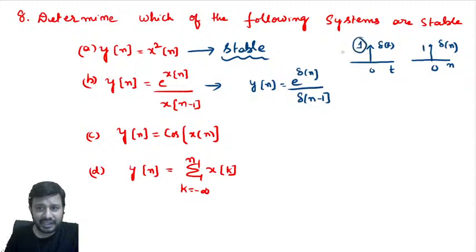Here one represents area, here one represents value. The value of the continuous time impulse at t is equal to 0 is infinite, area is 1. So what happens if I apply a bounded signal like del of n in e power del of n by del of n minus 1? What happens if n is equal to 1?